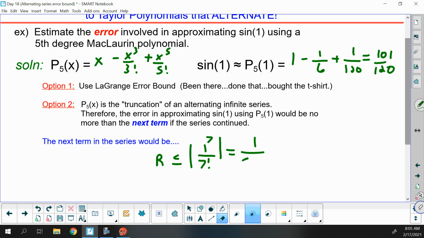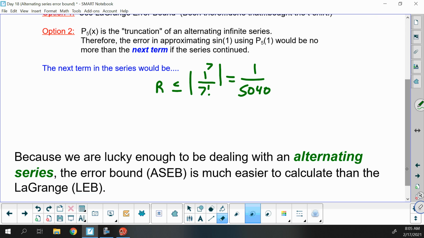So that's 1 over 5,040. So we know this 101 over 120 is within 1 over 5,040 of the value of the infinite series. So we were fortunate that it was alternating, which allows us to do this easier error. If not, then we would have to do Lagrange.